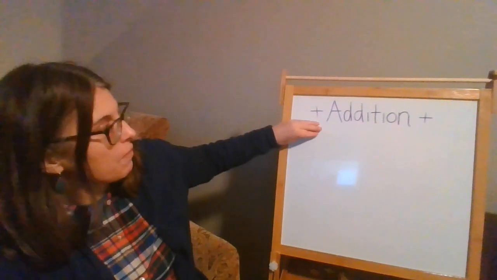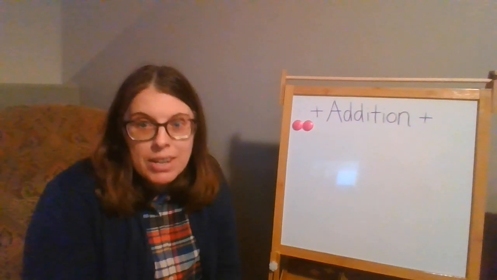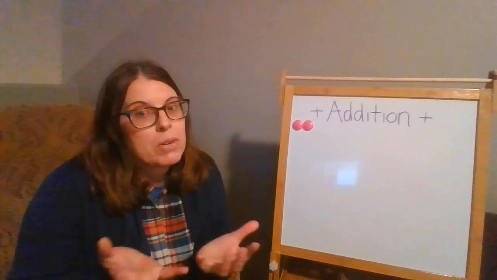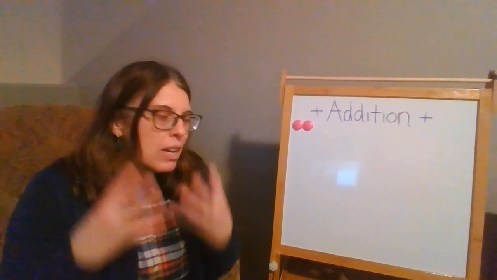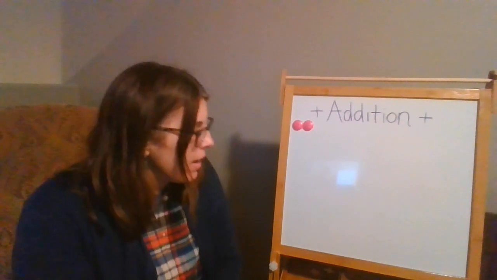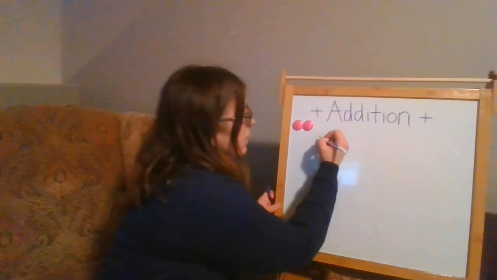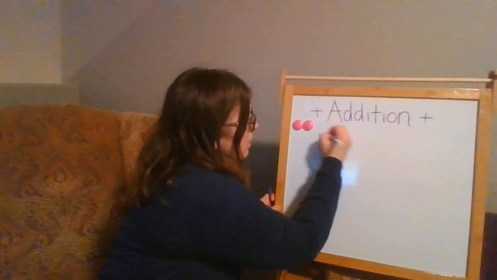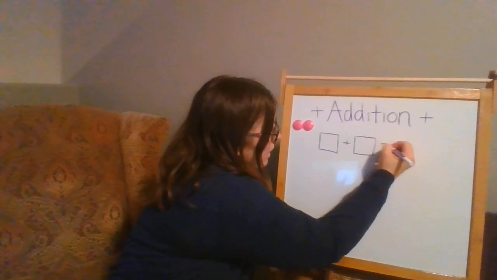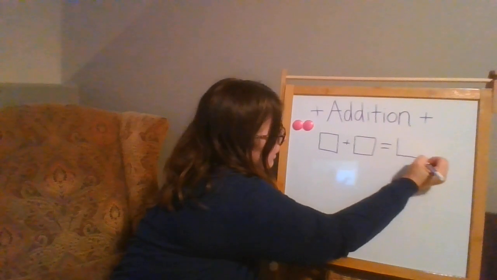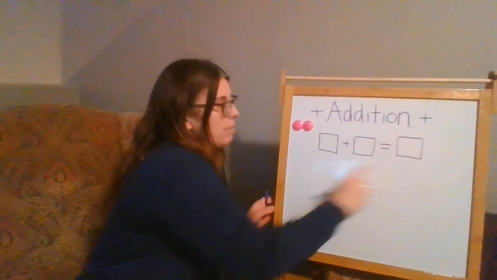So the first thing that we're going to do is talk about using a picture and using a story problem to represent addition, just to make sure we have the idea of addition really solid in our brains. A lot of times last year when we wrote equations, we did one number plus another number, and then it equals a number in the end, right?